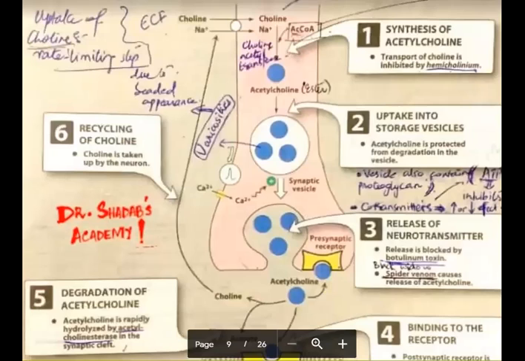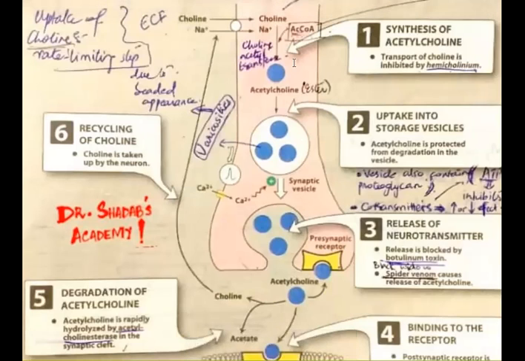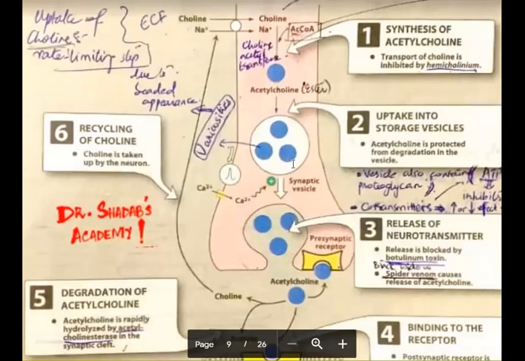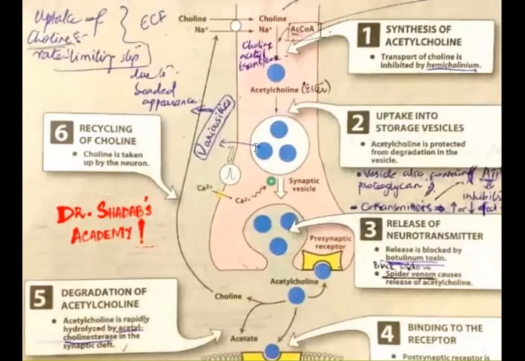So people, let's begin with the synthesis of acetylcholine. Okay. Now, we all know that we have this acetylcholine wrapped up into a synaptic vesicle, or we call it a storage vesicle.